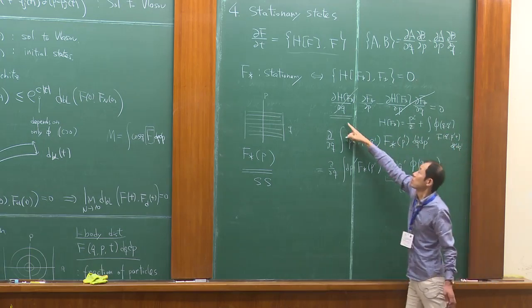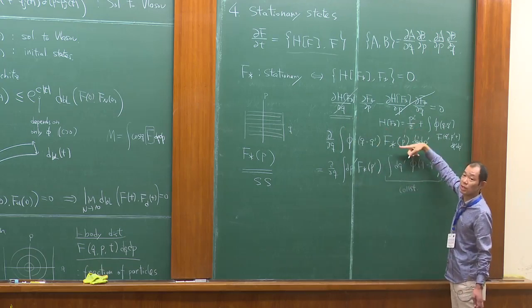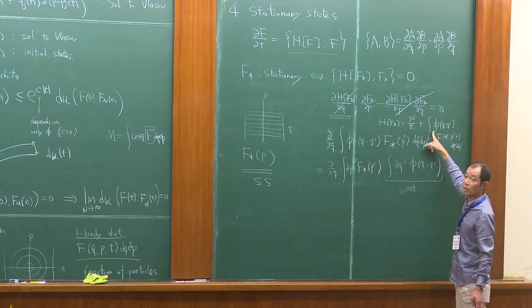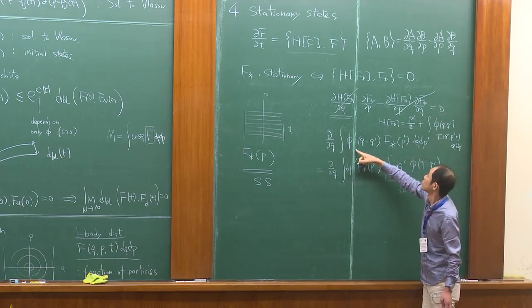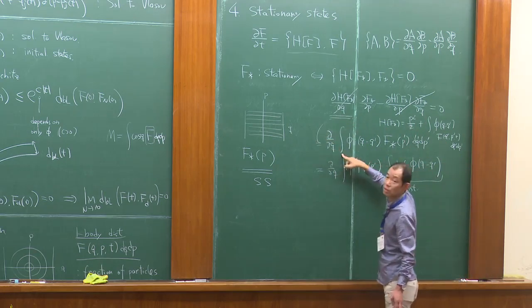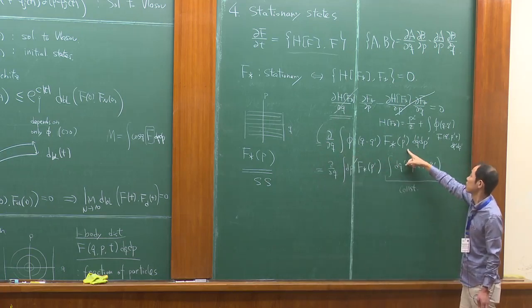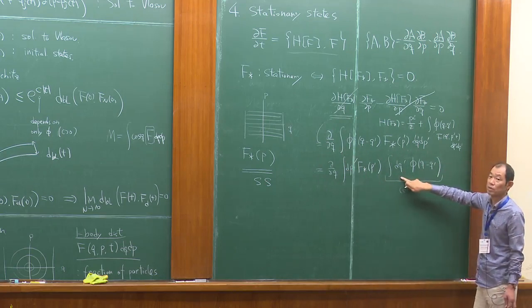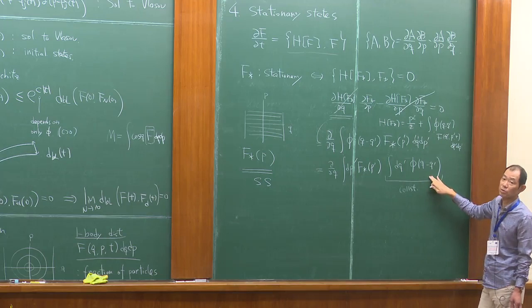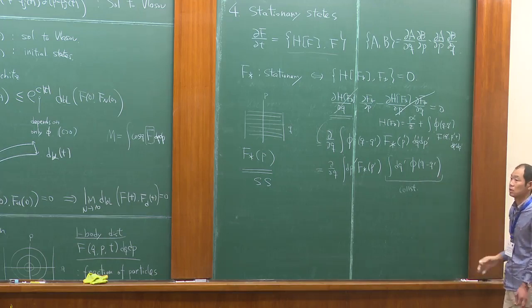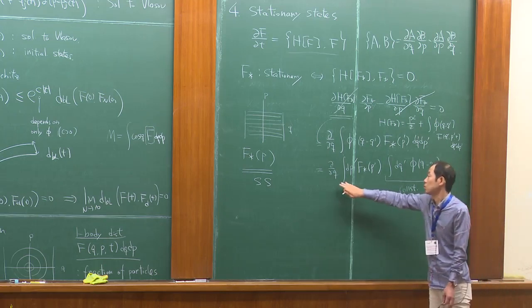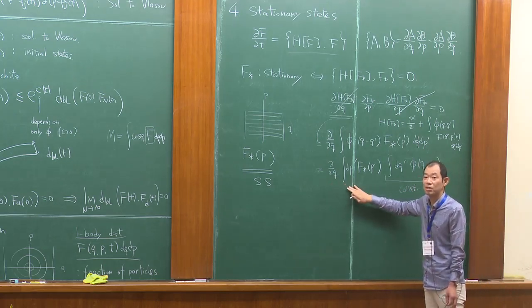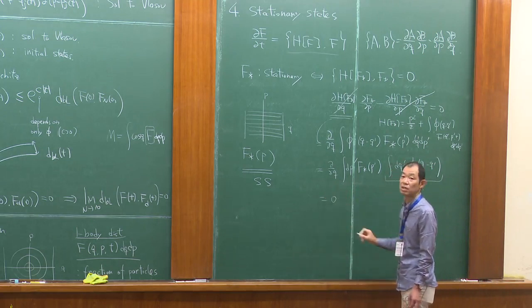If we perform the q derivative, this part is eliminated and this part remains. This part does not depend on q prime, so I push it out from the integral over q prime. The remaining part is a periodic function of q, so only the 0 Fourier mode of phi remains, but it's constant. The derivative of a constant is 0. So this is 0. Is it clear?